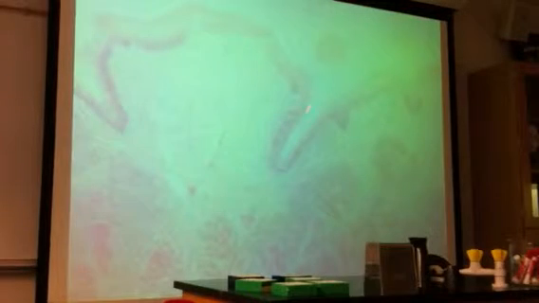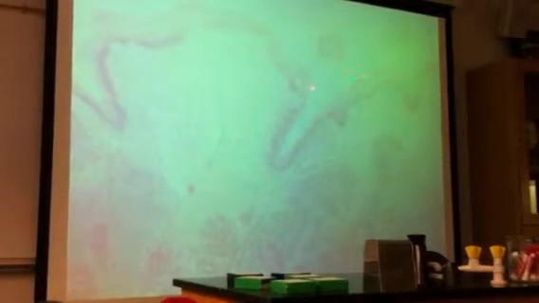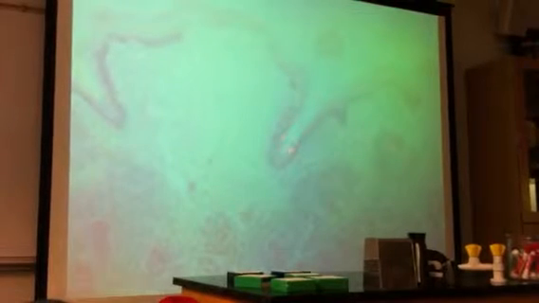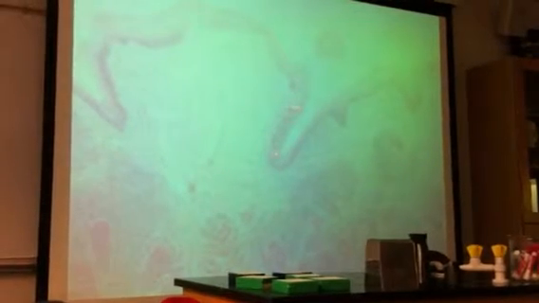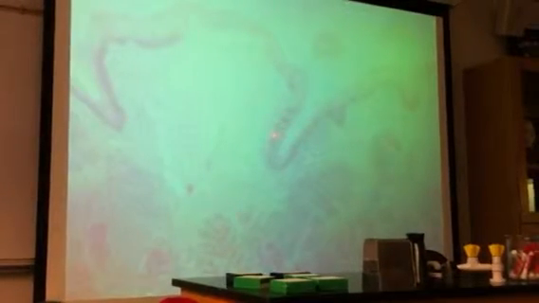The whole thing is a papilla. This is one papilla. You can see the groove here. Along the border here, these are the taste buds. But they are obscure. If I magnify further, you should be able to see a little better.